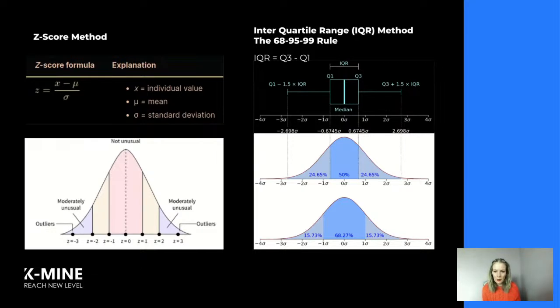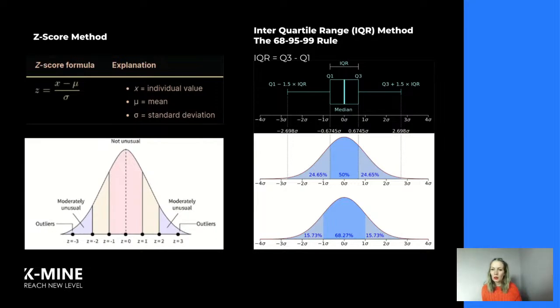The other statistical measure is the IQR method, or interquartile range. It's a measure of statistical dispersion that represents the difference between the 25th and 75th percentiles, which are the lower and upper quartiles. Similar to the z-score method, the IQR method identifies the data distribution and applies a threshold to detect outliers.